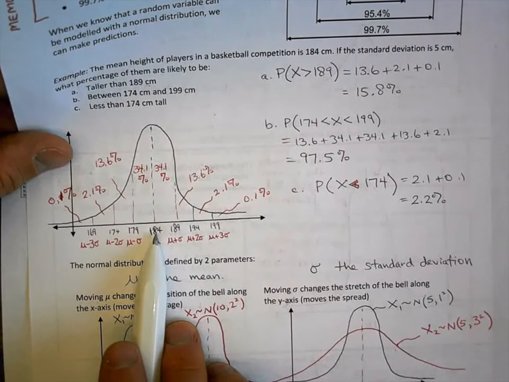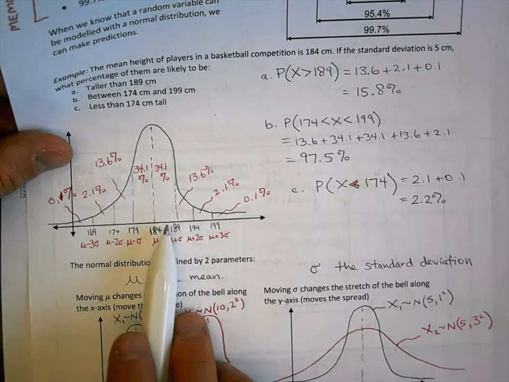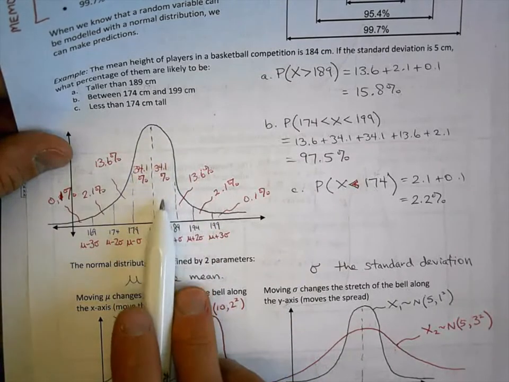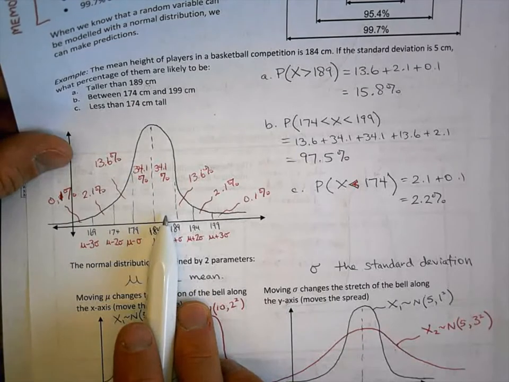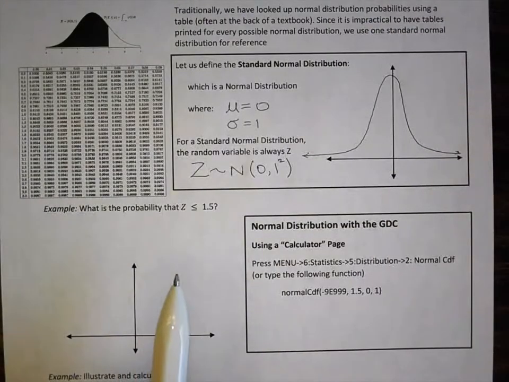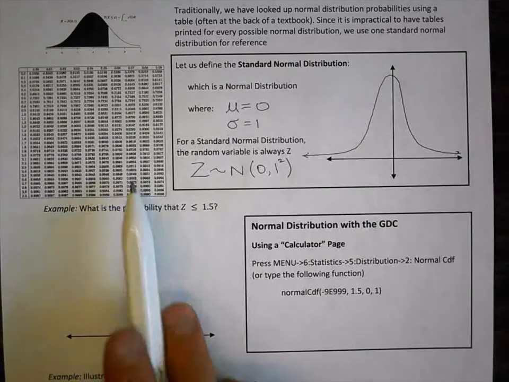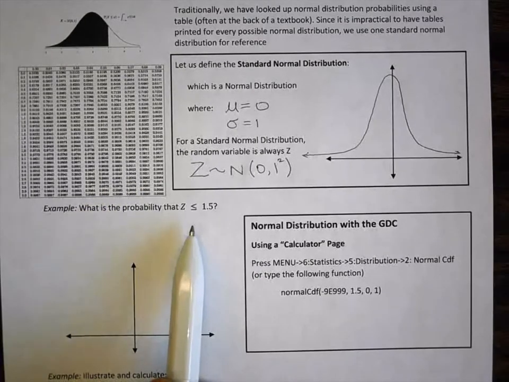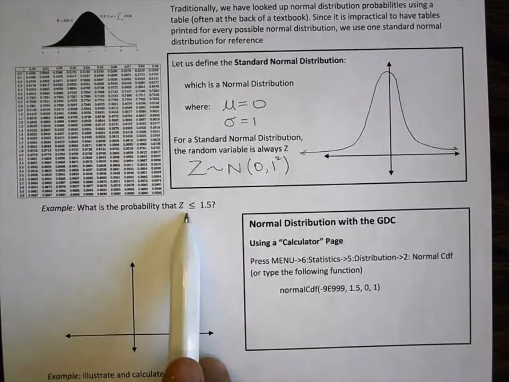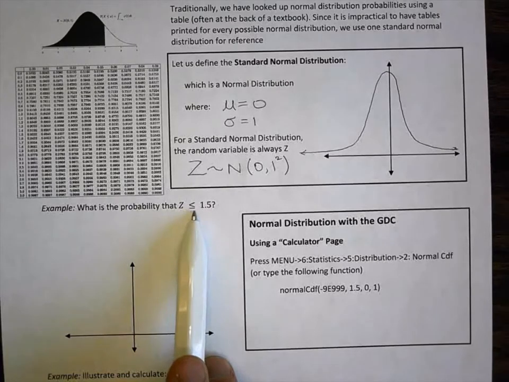What if I wanted to know the area for the area above 186? Well, that would be harder to do because I don't know what the area is if I cut that in half. But I'm going to show you how to do this using a table and using your calculator. So what is the probability here, what's the probability that z is less than or equal to 1.5?